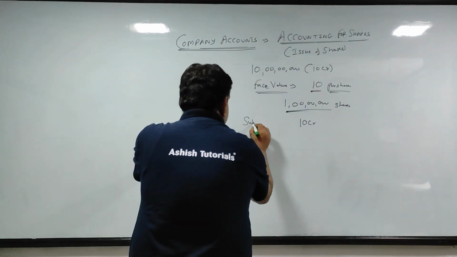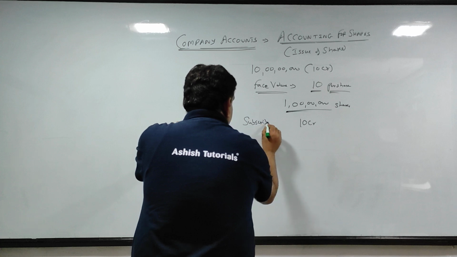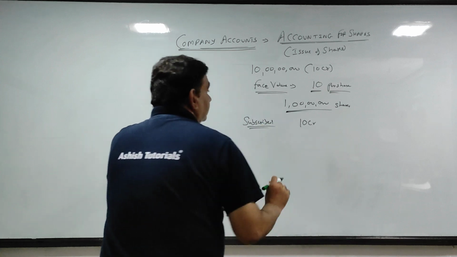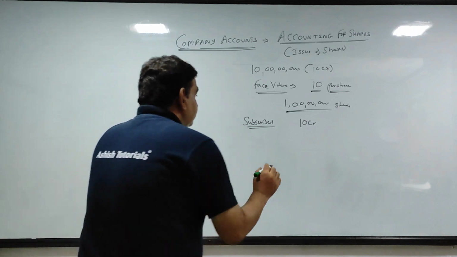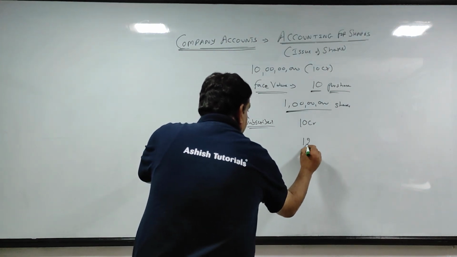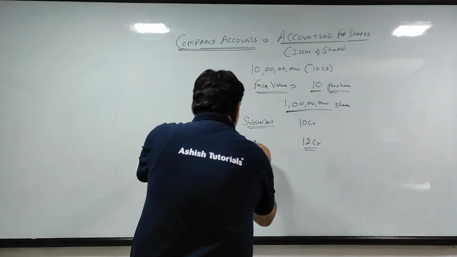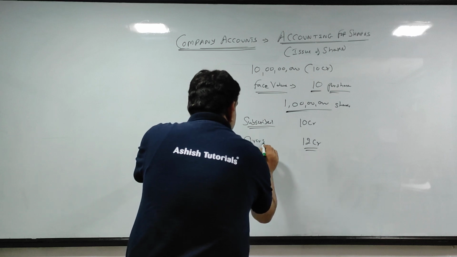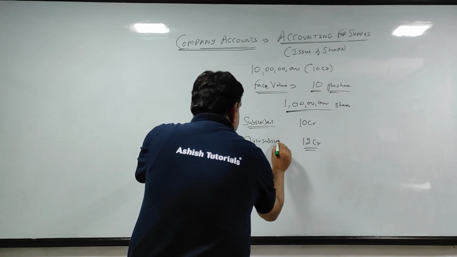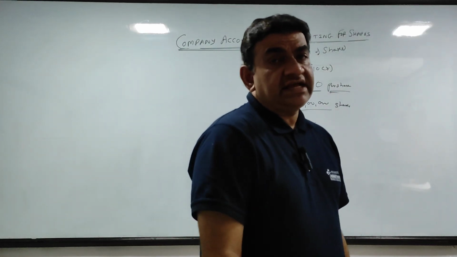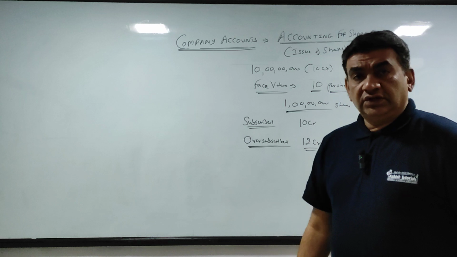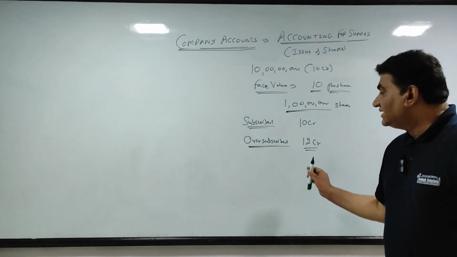That is called subscribed. Now say for example, instead of 10 crore they get 12 crore. This is called oversubscribed. 10 करोड़ चाहिए था, 12 करोड़ मिला, 2 करोड़ एक्स्ट्रा, so it is called oversubscribed.